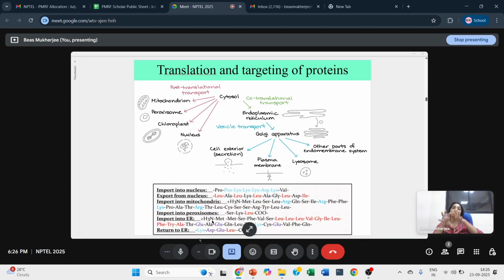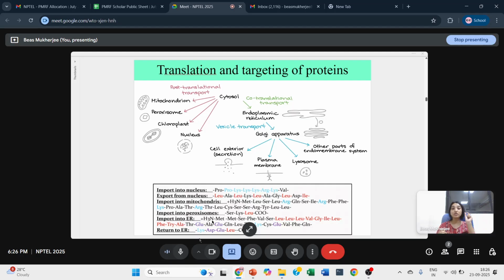This means that the protein is completely synthesized from the mRNA. It has the signal sequence, and now it is getting transported to different organelles. For example, mitochondria, peroxisome, chloroplast, nucleus, etc. Right, so this is called post-translational transport. That is, they are getting transported after the completion of the translation process.